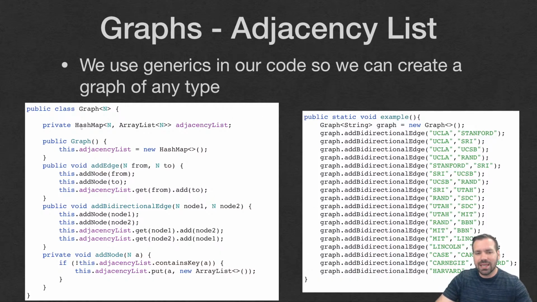And that adjacency list that we're storing, we actually get to combine various data structures. We are going to talk about a lot of different data structures in this lecture, which is part of what makes me really happy about having graphs as the capstone data structure of CSE116: we get to flash back to a lot of the other data structures we've seen. Here we're using hash map and array list. To get this adjacency list, we have a hash map where the keys are nodes with some type parameter, and the values are array lists of nodes.